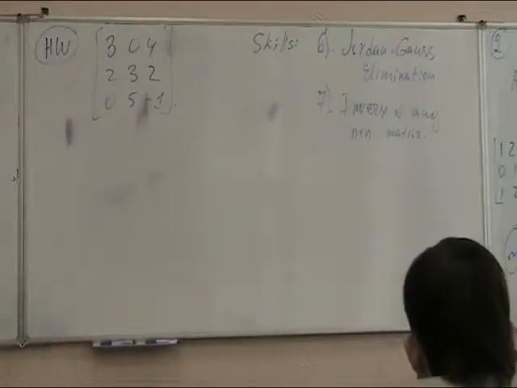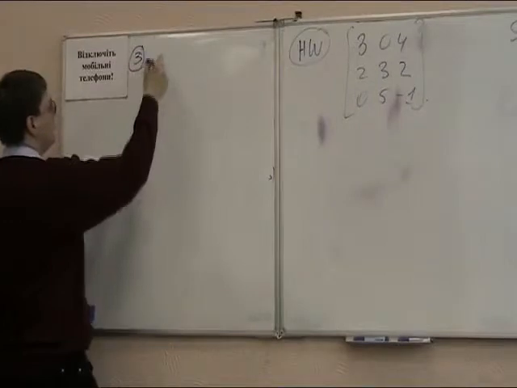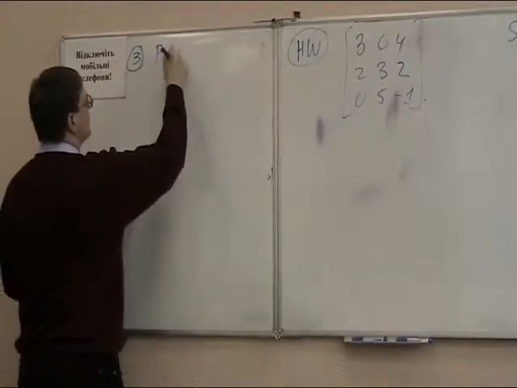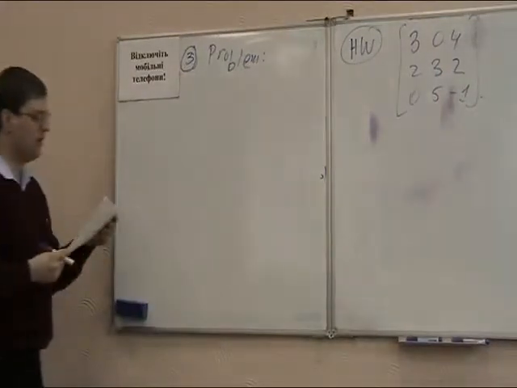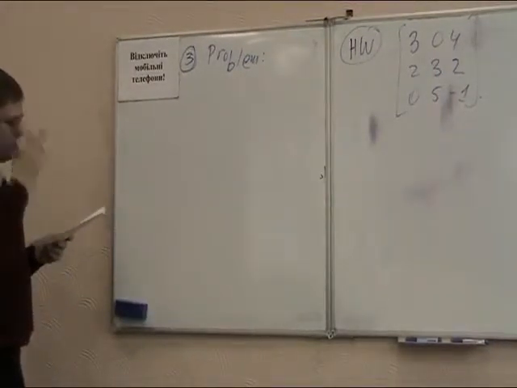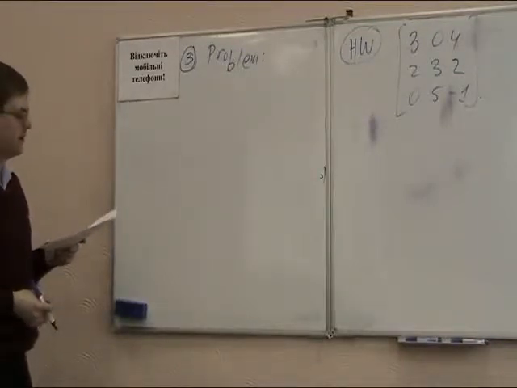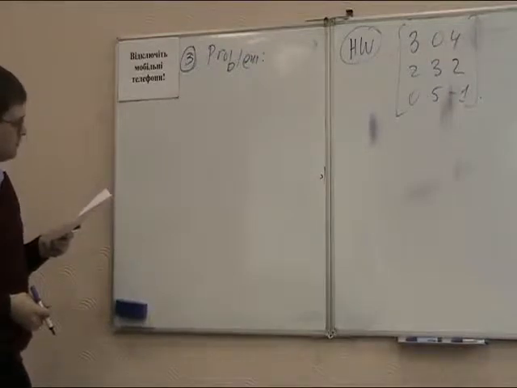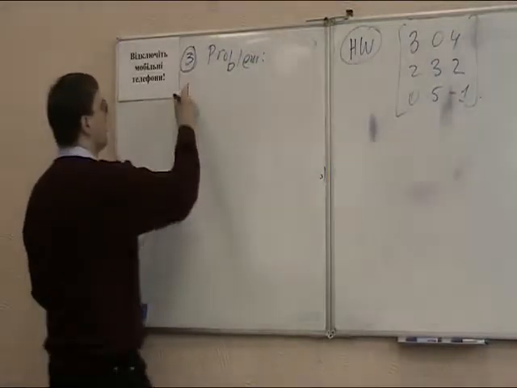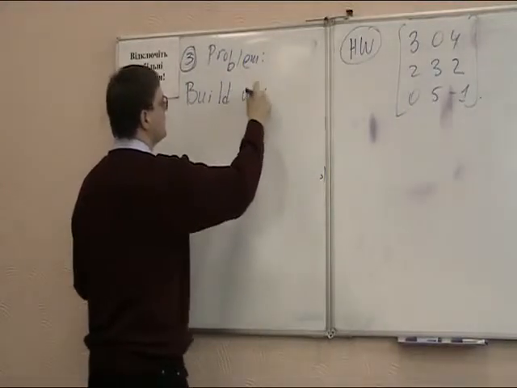The next one. Here's some problem. You would probably need something like graph paper, but I think you can graph it only up to the axis 6 by 6. So build vectors.